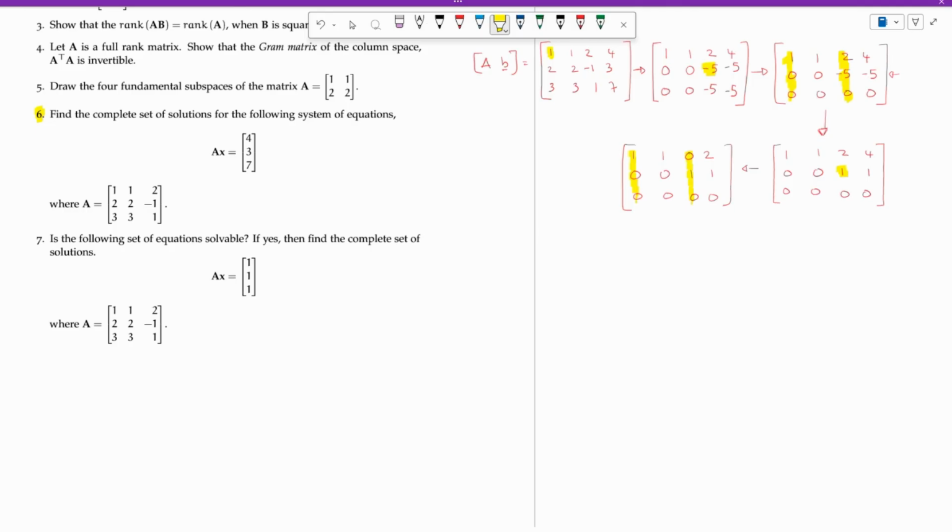Now what can we say? Is it solvable? Well, we could have said that directly from here. What is the condition for the solvability of Ax equals b?